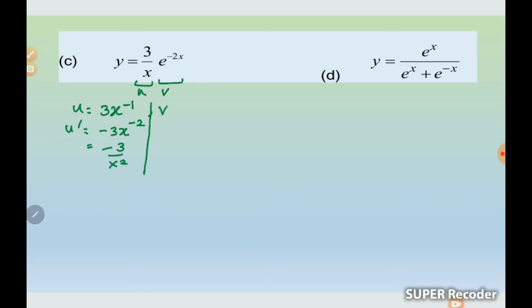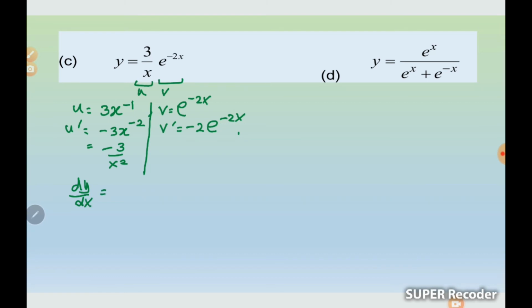Okay, what about v? v equals e to the power of negative 2x. So v prime is equal to negative 2 times e to the power of negative 2x. So differentiate y as usual, dy/dx.